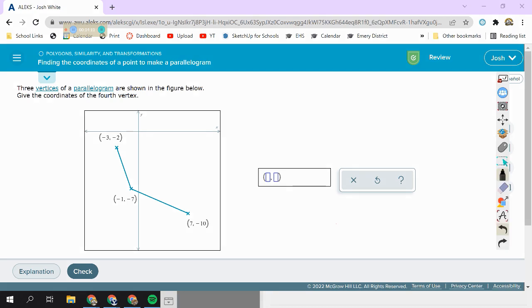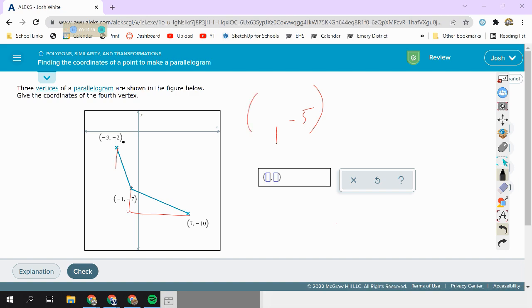Okay. Let's go from here to here. How far did that drop? We went from -7 on the y to -10 on the y. So we need to drop 3. So we're going to drop 3. If we're at -2 and we drop 3, we're at -5 now.